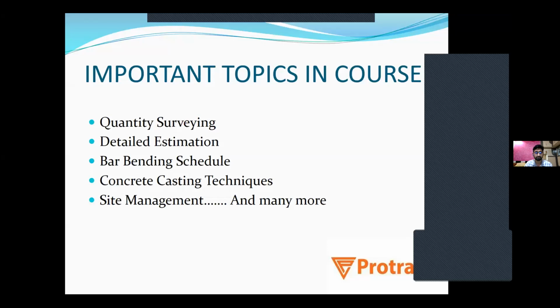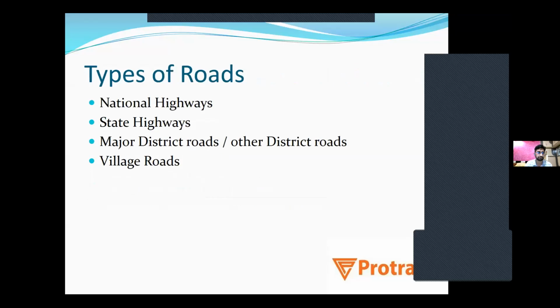So first of all, we will start with the classification of roads. I will give you some information about types of roads. There are actually four types of roads. National highways connect the major cities across India and also states.